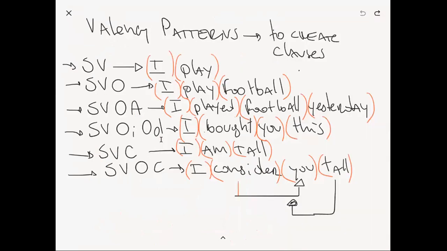Yes. Here we're saying it. These are valency patterns and these are examples I made yesterday. In these examples, you can see some letters, the valency patterns, I would say, right? The subject, verb, object, adverbial, subject, verb, and here is something different.